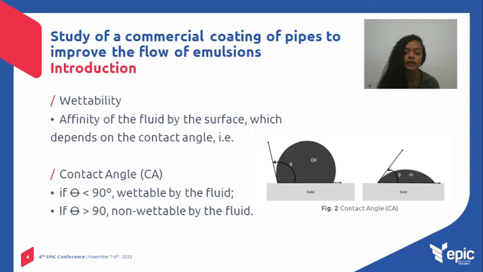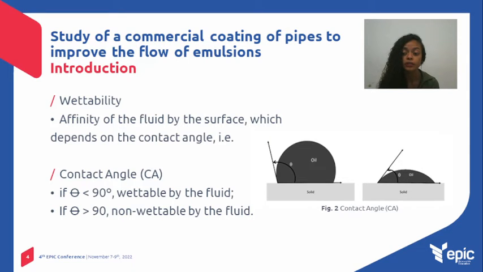In the case of an internal coating, some important properties must be analyzed, such as the wettability of the material, which will determine whether the surface is oleophobic or hydrophobic.